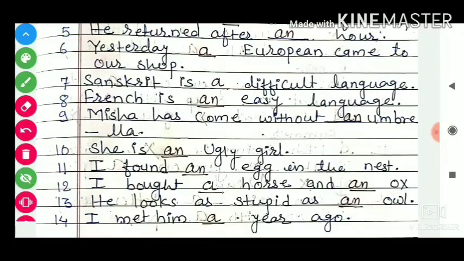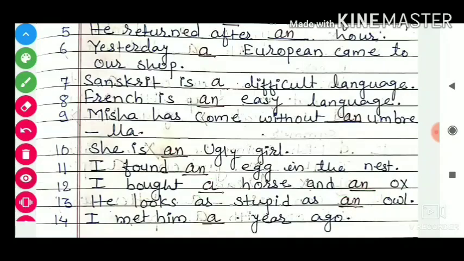An egg in the nest because E is a vowel. I bought dash horse and dash ox. I bought a horse because H is a consonant, and an ox because O is a vowel.